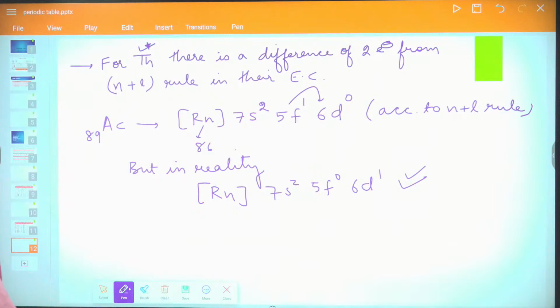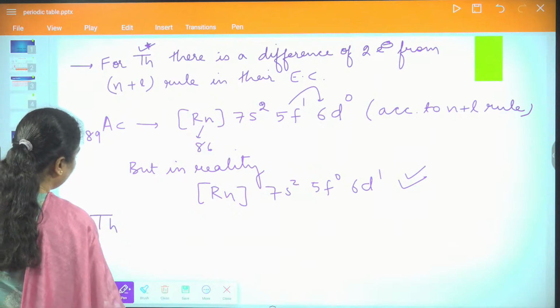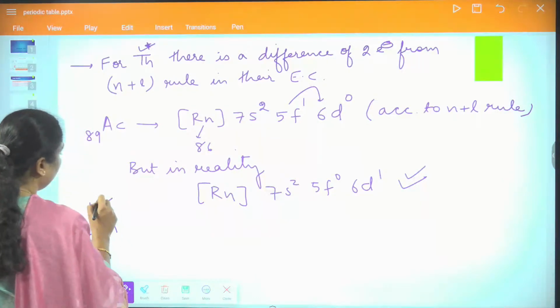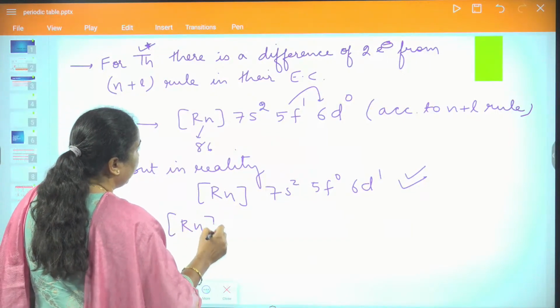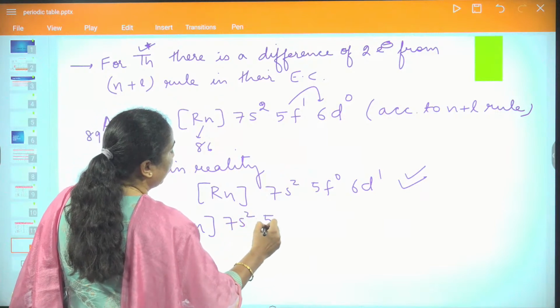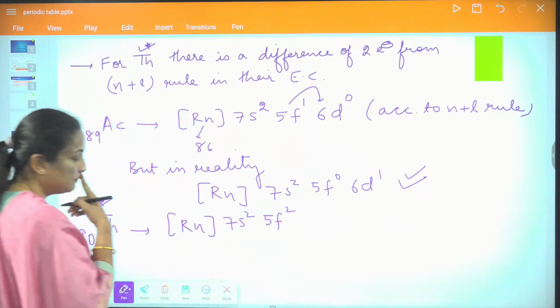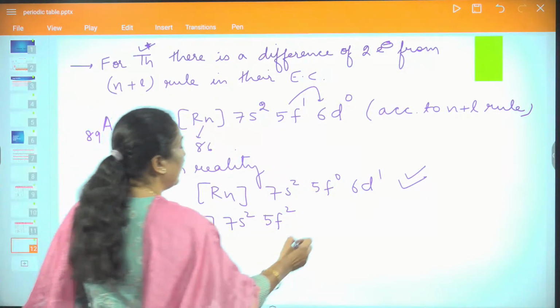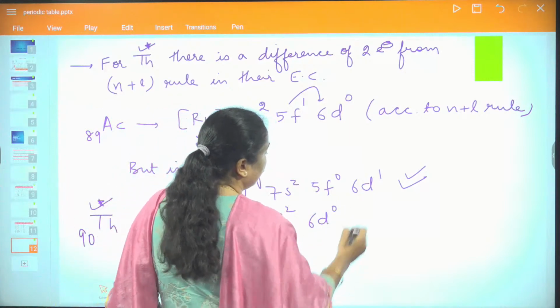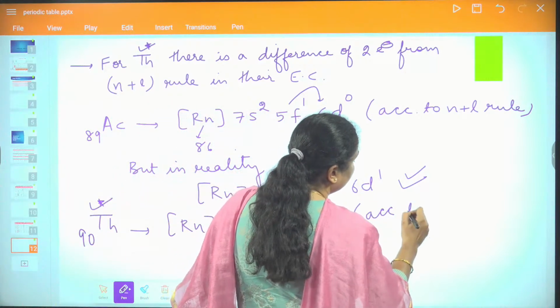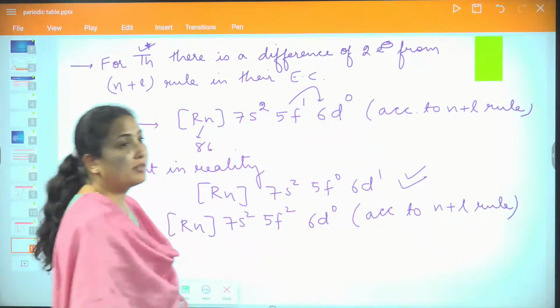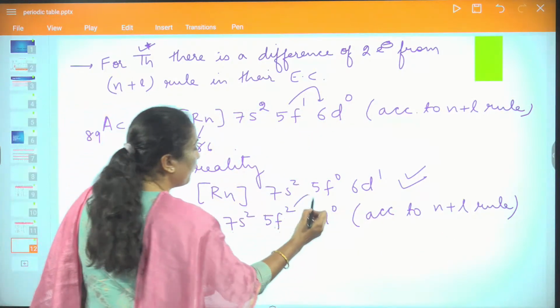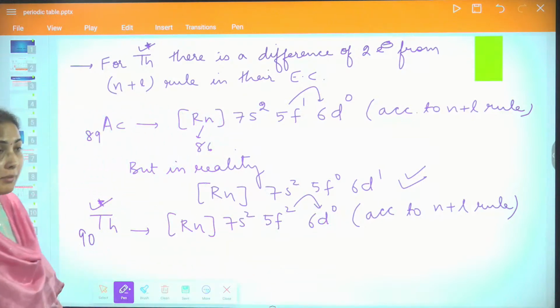Okay. Now for thorium also I'll write down. For thorium again I will be writing radon 7s2, 5f2. Right? And 6d0. This is according to the n plus l rule. But there is a difference of 2 electrons. Remember thorium.